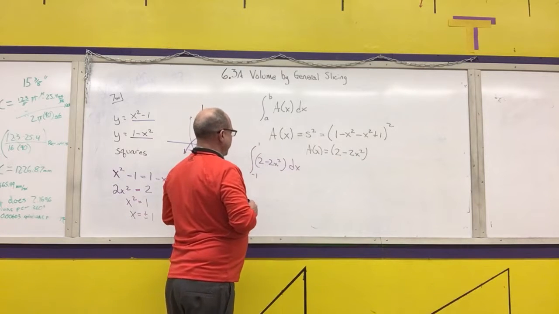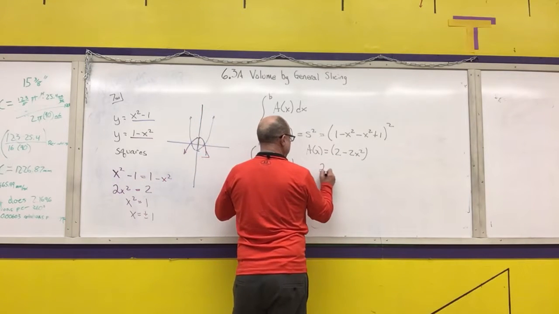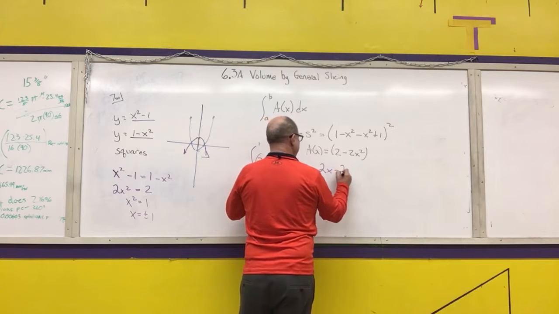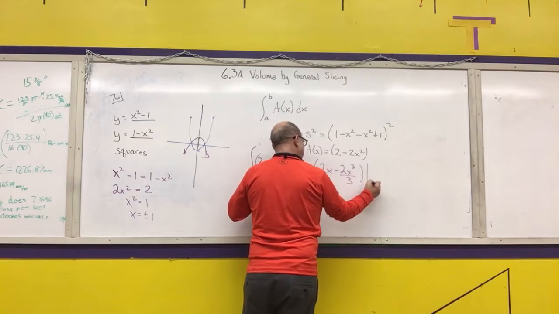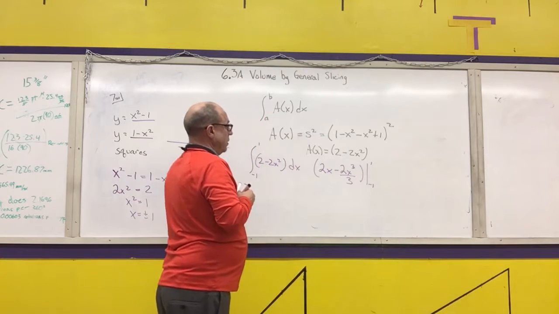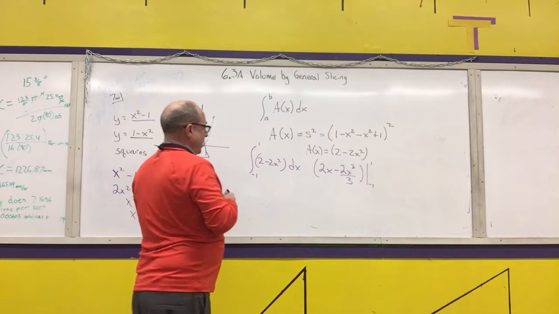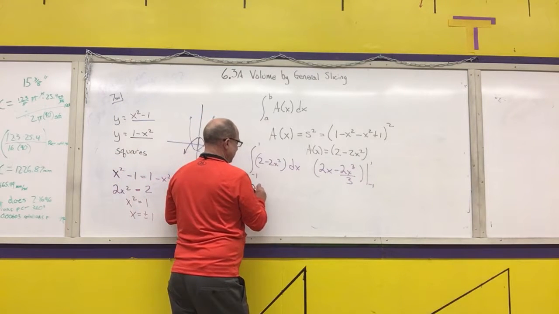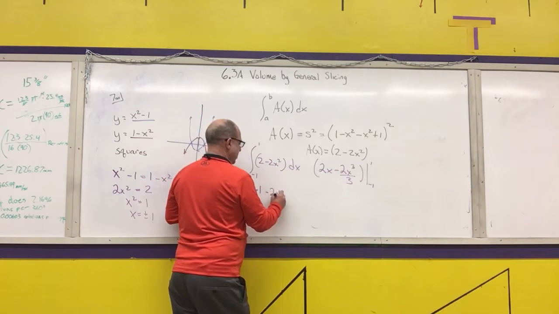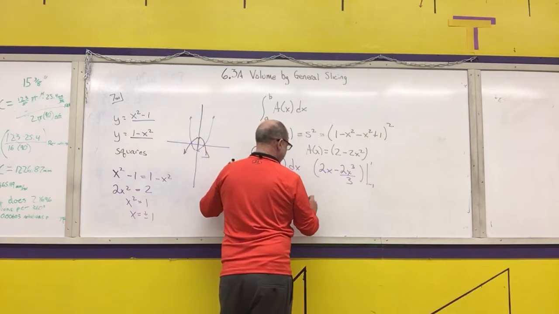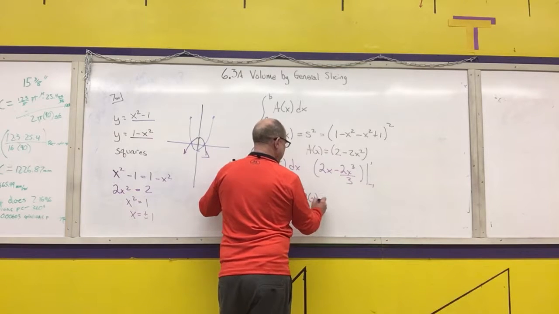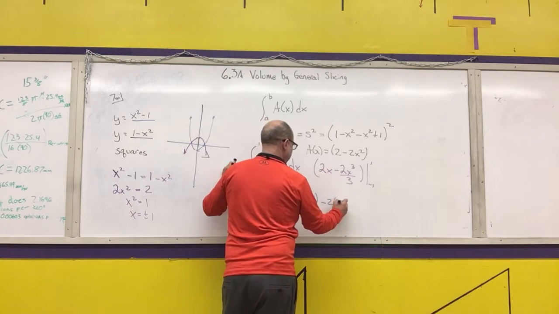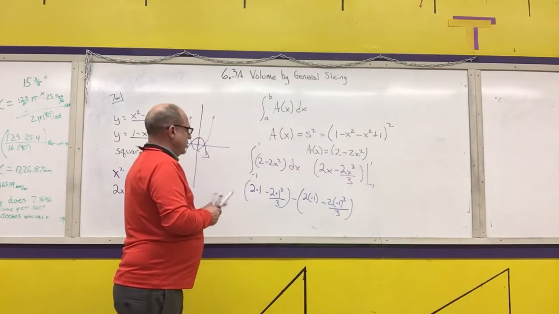So I antidifferentiate, and that gives me 2x minus 2x cubed over 3, evaluated between -1 and 1. Evaluate at 1, which is 2 times 1 minus 2 times 1 cubed over 3, minus evaluating at -1, which is 2 times -1, minus 2 times -1 cubed over 3. 2 times 1 is 2.